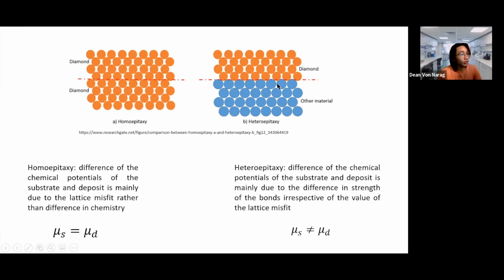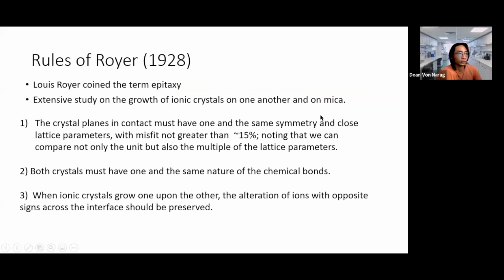Okay? So whether or not your misfit is greater than 15% or less than 15%, as long as you take into account the chemical potentials, the structure, the bond strengths, okay, so that's what determines epitaxial growth. Okay, not the misfit.